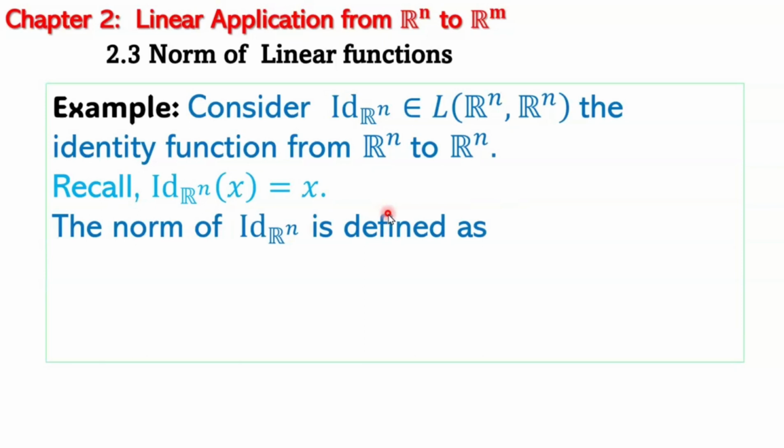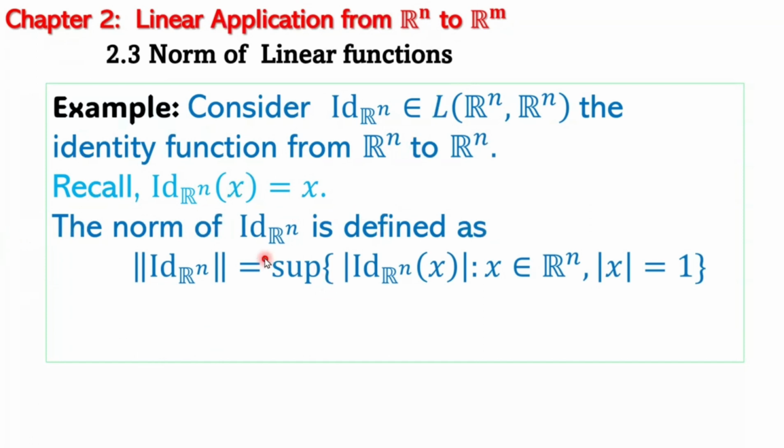The norm of this identity is the supremum of |ID_Rn(x)| when |x| = 1. Since ID_Rn(x) = x and |x| = 1, the supremum value is 1. Therefore, for the identity function from Rn to Rn, the norm is equal to 1.